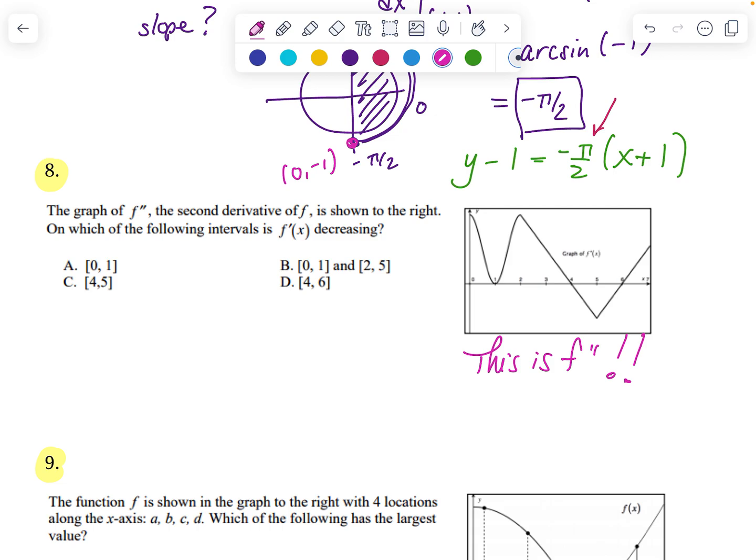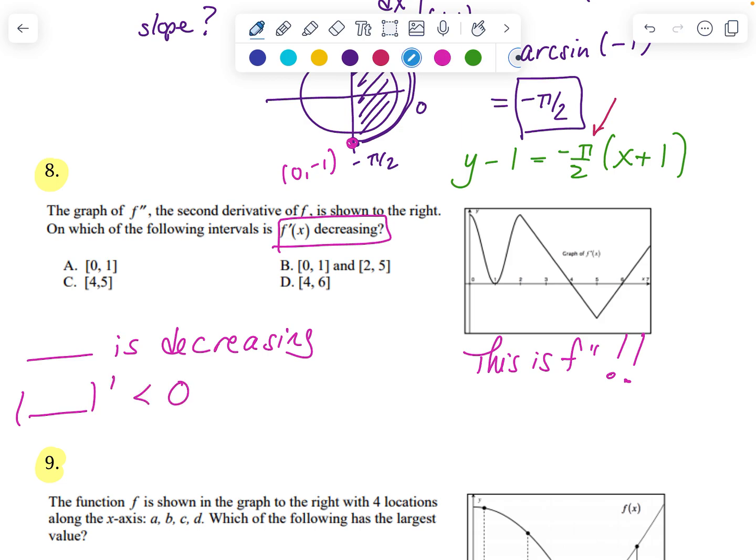And then we want to know when f prime is decreasing. If something is decreasing, that means its derivative is negative. So if f prime is decreasing, then f prime prime has to be negative, or f double prime has to be negative. Now notice this construct that I had.